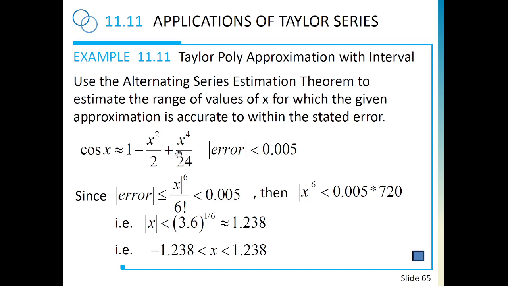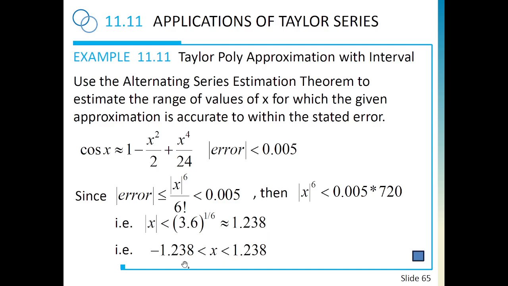And we use the alternating series estimate because this is part of the alternating series for cosine. So that will be x to the power 6 over 6 factorial, and this needs to be smaller than the prescribed error of 0.005. So doing some algebra, we get an interval.